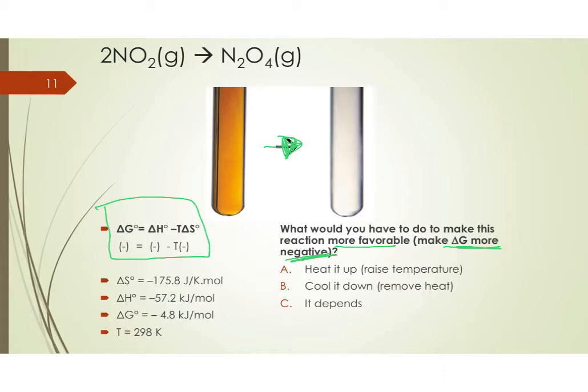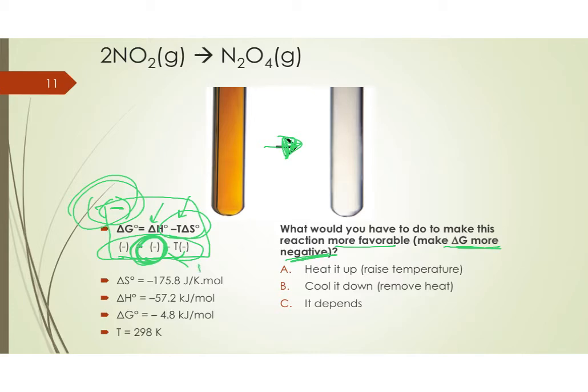So what could we do to temperature to make delta G more negative? Look at the signs down here, okay? Delta H is already negative, so we want to leave this term alone. Well, we can't do anything to that term anyway, but we want to minimize the entropy term, right? It's unfavorable to begin with.